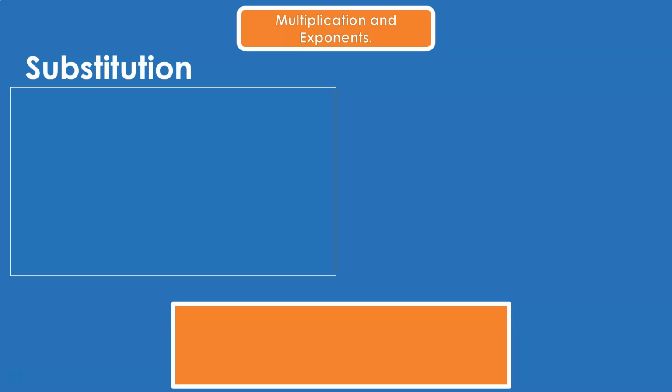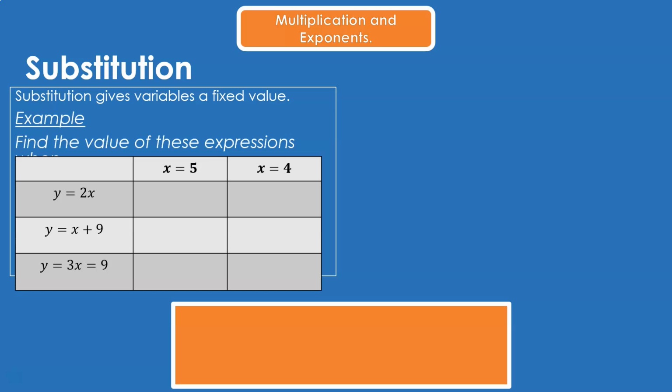So substitution, we're giving the variables a value to give the expression a value. The example we've got here is that I'm going to say x is equal to 5. So what that means for this expression, y is equal to 2x, is that y is equal to 2 times x, which is equal to 2 times 5, which gives me the answer 10.